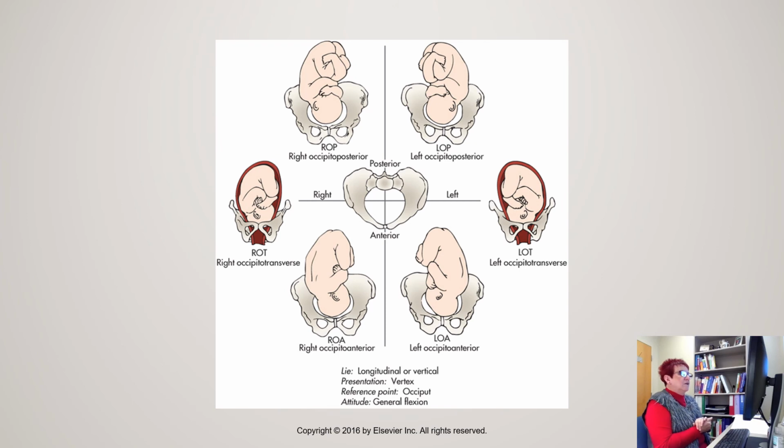The posterior fontanelle is more prominent, and that is not good because that means the face is coming more of a face up presentation, and the widest part of the head is trying to come first. So often with the posterior positions, you'll hear a mother complain about a lot of back labor because it hurts her back really bad.